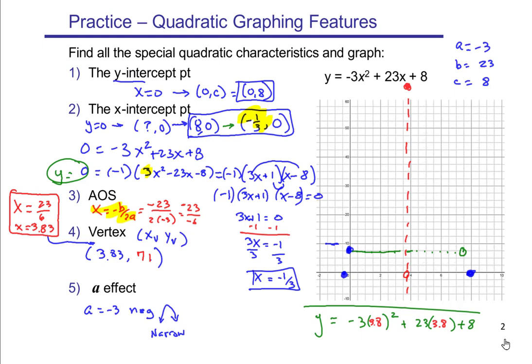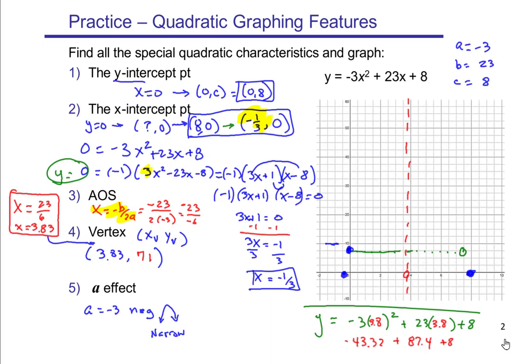I'm going to take 3.8 to the second power and then times it by negative 3. So you should be getting negative 43.32 plus, now we've got to take 23 times 3.8. 23 times 3.8, you should be getting 87.4. And then lastly, we've got the plus 8.